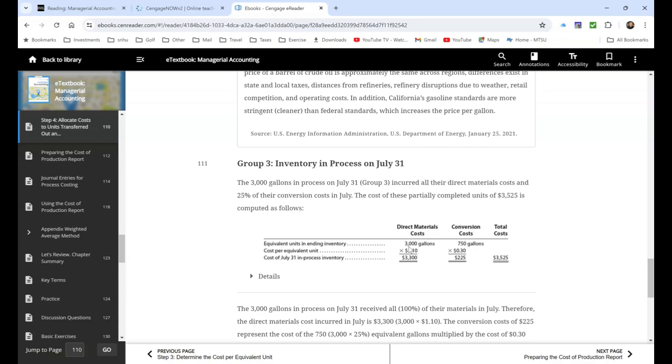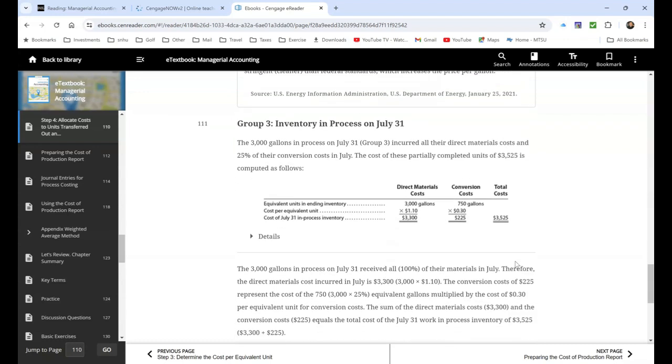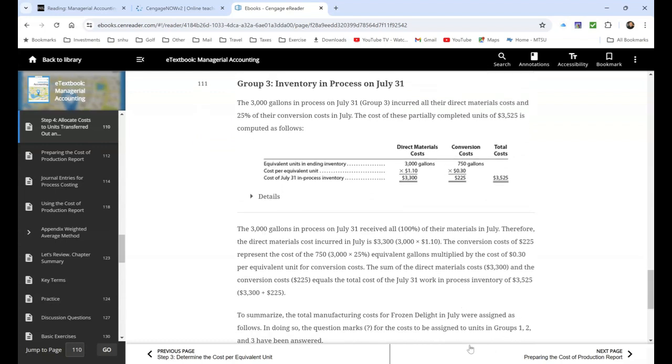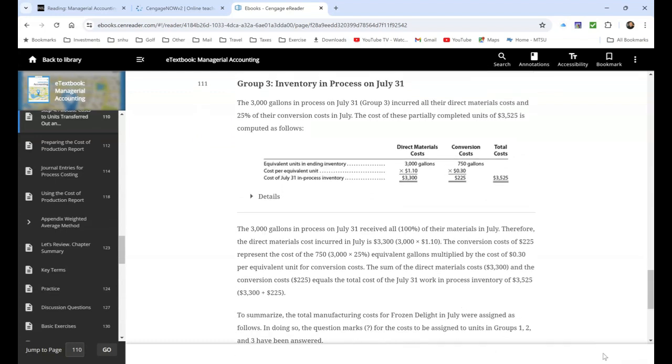You can do it this way as well: 3,000 times 1.10 plus the equivalent of 750 times 0.3. So our new work in process inventory is going to be 3,525. And so you really need to, I think, go through and reread this and get it in your mind.